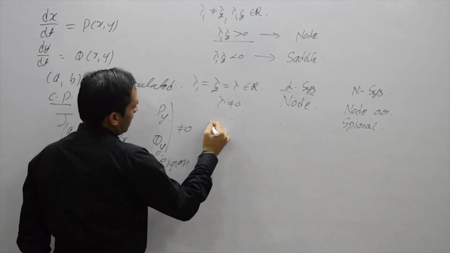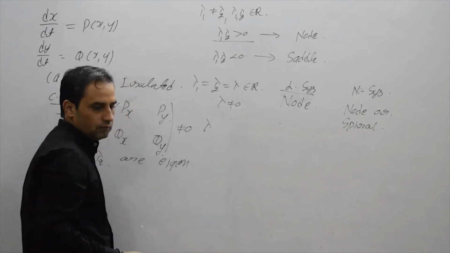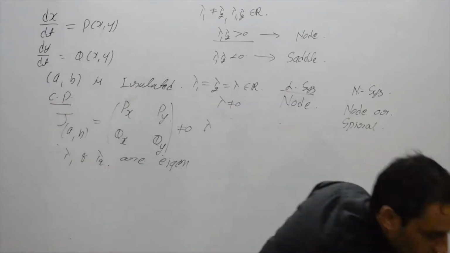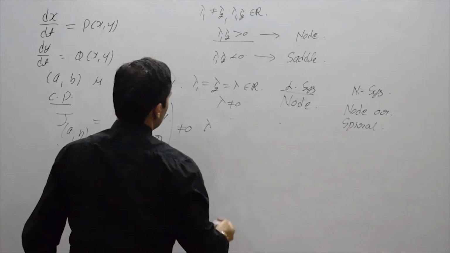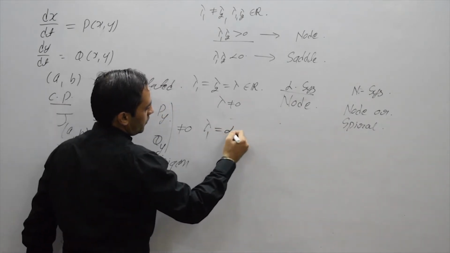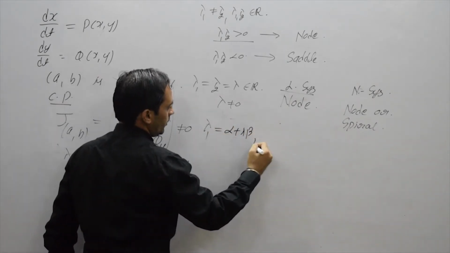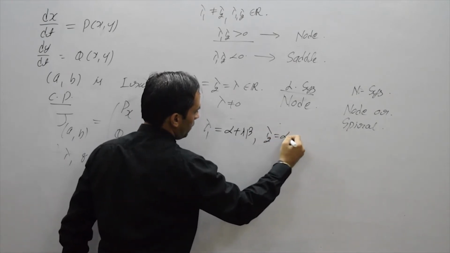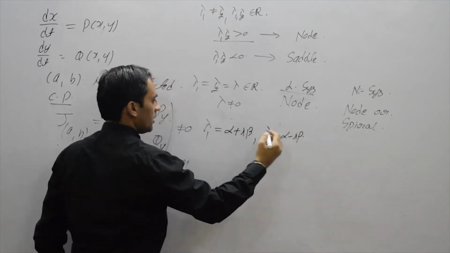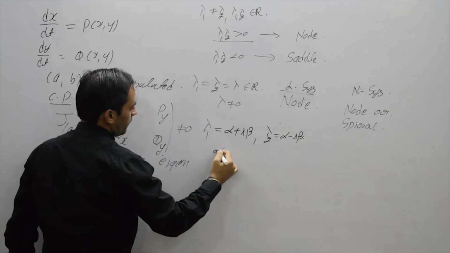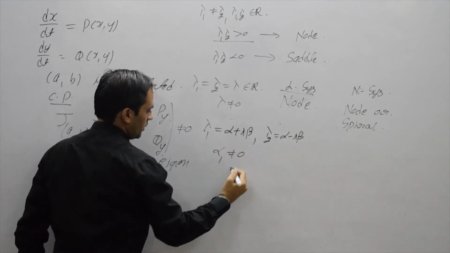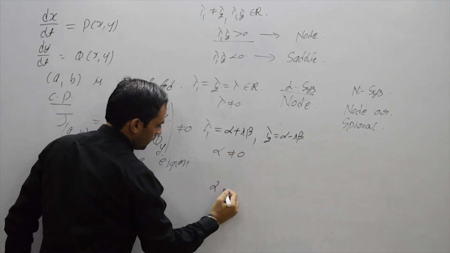Similarly, whenever lambda 1 and lambda 2 are complex, assuming that lambda 1 equals alpha plus i beta and lambda 2 equals alpha minus i beta, there are two situations: whenever alpha is non-zero, and another case whenever alpha is 0.